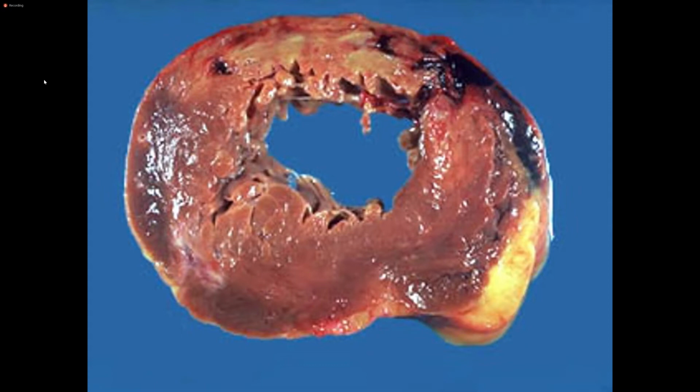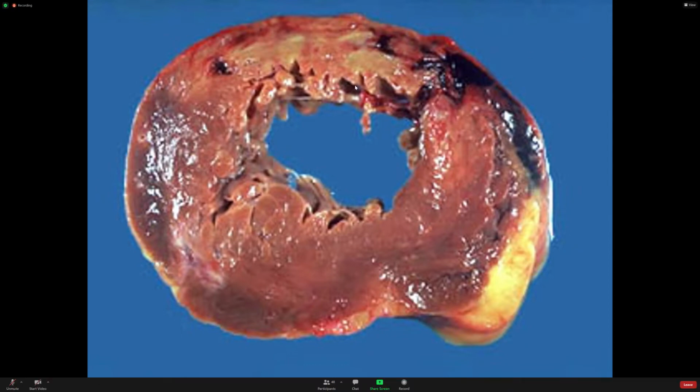If there is involvement of more than 40% of the left ventricular surface area, then cardiogenic shock occurs. There is poor contractility of the ventricle, therefore there will be hypoperfusion in the vital organs in the body, and there will be pooling of blood in the periphery, in the liver, and these patients will suffer from congestive heart failure, and that may be fatal.